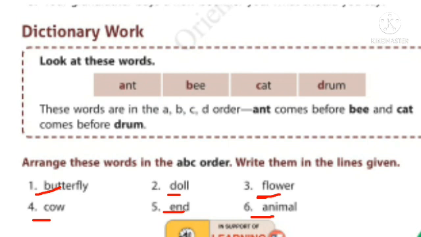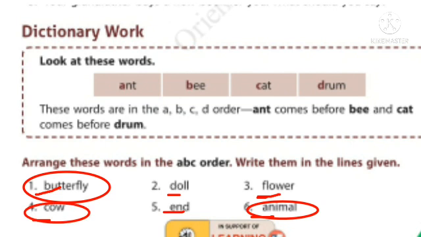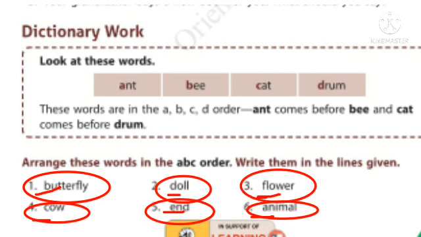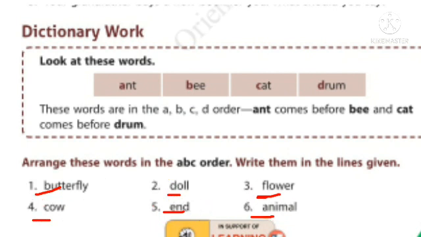Yes, of course. The first word should be animal and the second word is butterfly and the third word is cow and the fourth one doll and fifth one ant and sixth one flower. Now we can write these words in the lines given below.